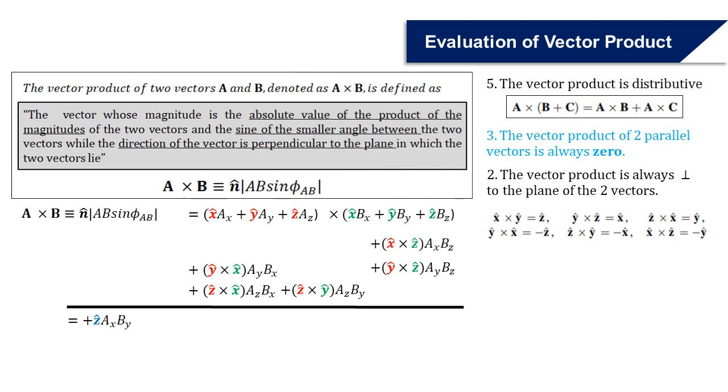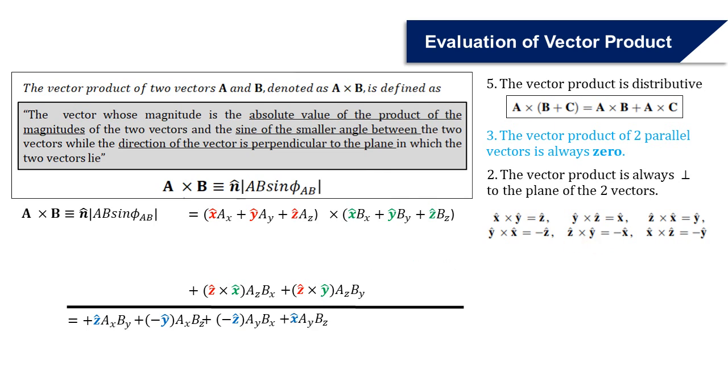Hindi yan magbabago. Then next, meron tayong x hat cross z hat. So we have here the negative y hat. So papalitan lang natin ng negative y hat yan. Okay. Next, the y hat cross x hat. The y hat cross x hat is the negative z. So ganun din, papalitan lang din natin yan. And then ito naman, the y hat cross z hat.